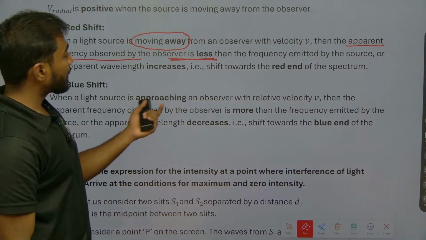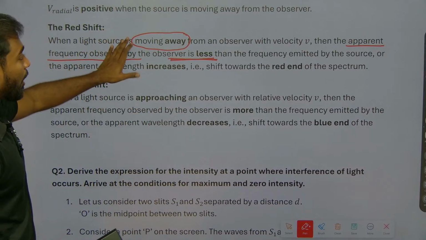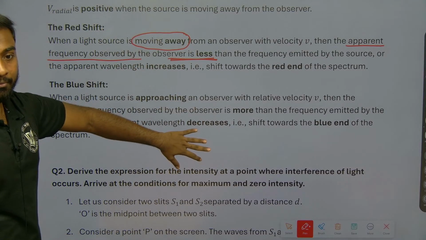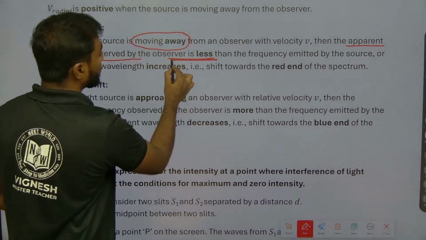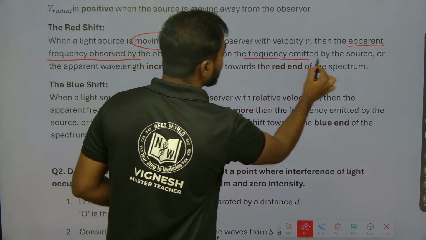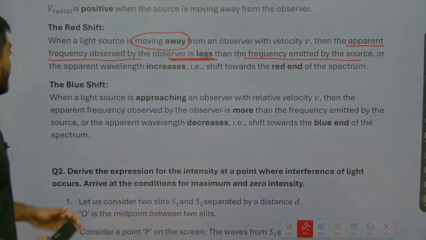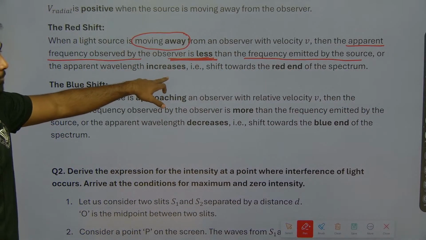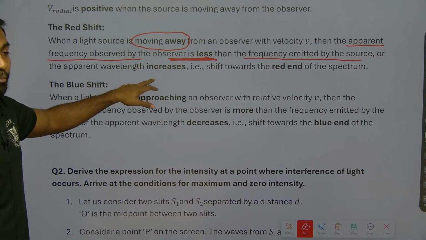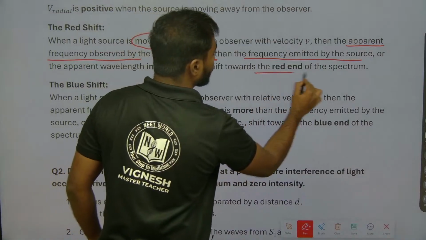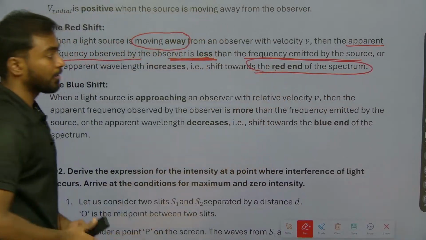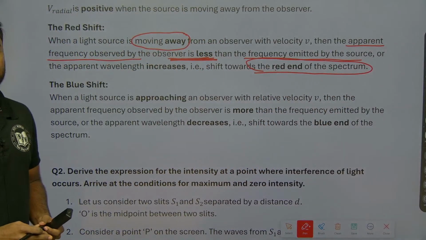When I talk about the red shift like this, obviously the opposite will be the blue shift, and we will go for that also. The frequency observed is less than the frequency emitted by the source, or the apparent wavelength increases. If frequency is less, obviously wavelength will be more. This is the shift towards the red end of the spectrum.